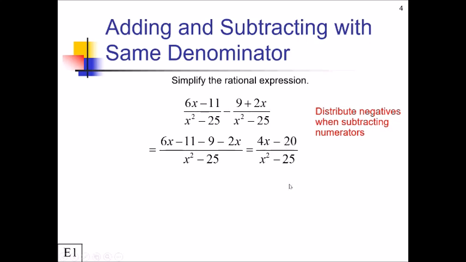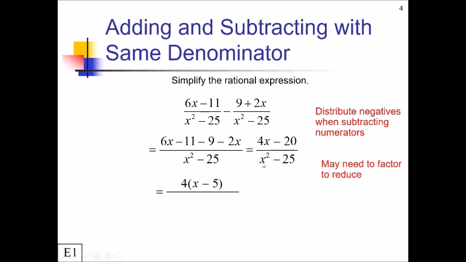And then don't forget, at the end of these, after you've combined things, you always have to check to see if you can factor and reduce. So it looks like a 4x minus 20. I can factor out a 4 from there. That's going to leave me with an x minus 5 inside there. And for x squared minus 25, I can use my plus minus shortcut, a plus b, a minus b.